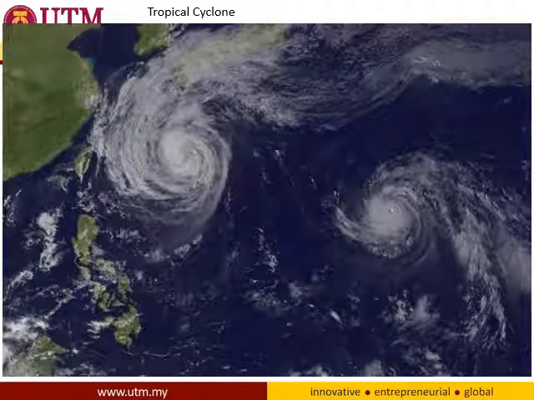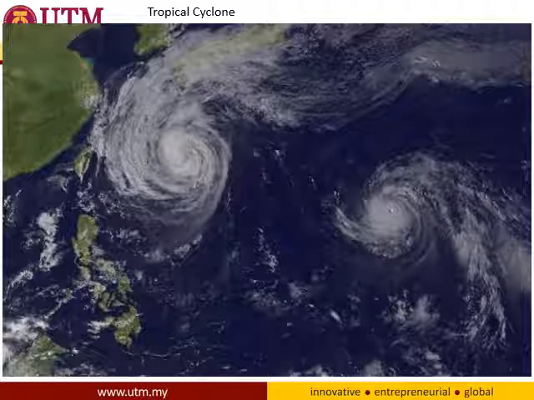Another example of a cyclone is the tropical cyclone, which is actually a typhoon. It's the same thing as typhoon, like I said before. This is an example of a tropical cyclone or typhoon near the Philippines and Japan.